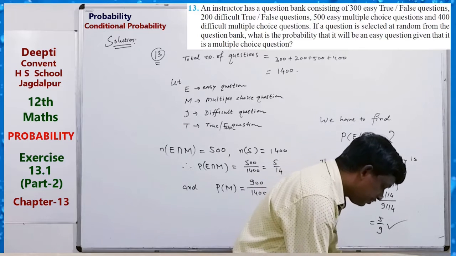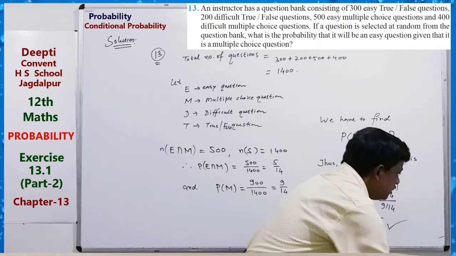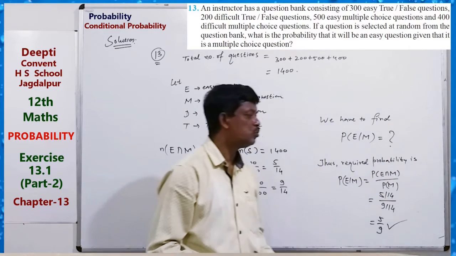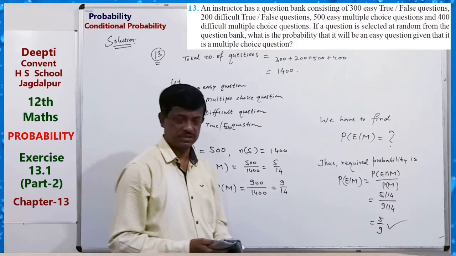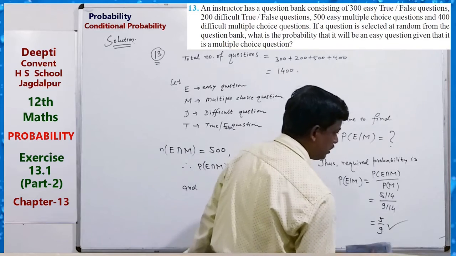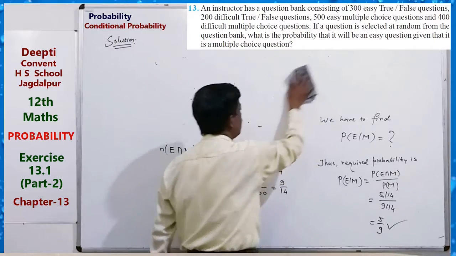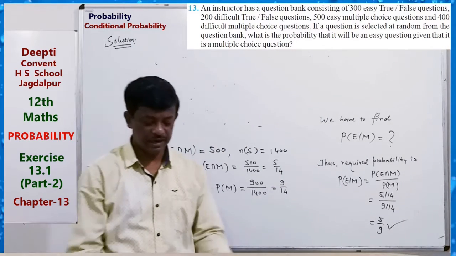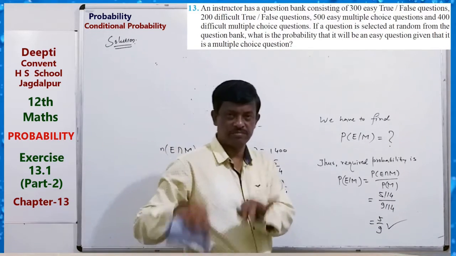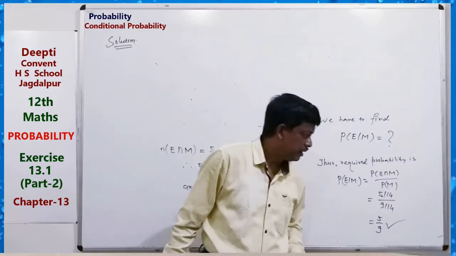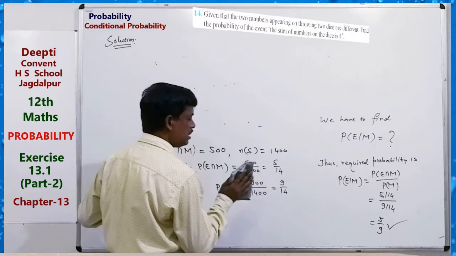Okay, now the 14th question. Given that the two numbers appearing on throwing two dice are different numbers, find the probability that the sum of the numbers on the dice is 4.